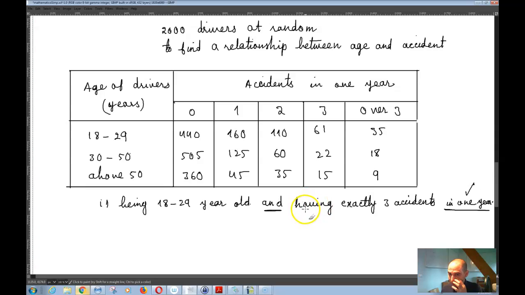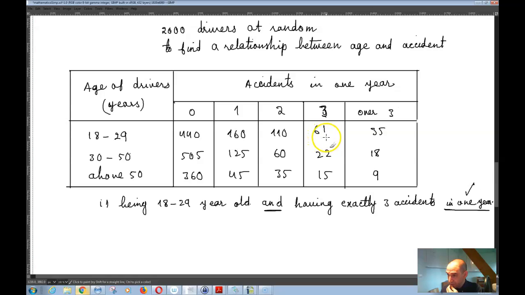And then it says having exactly 3 accidents. So over here we have 0 accidents, 1 accident, 2 accidents, 3 accidents, and this is over 3 accidents. So I'm looking for this data.